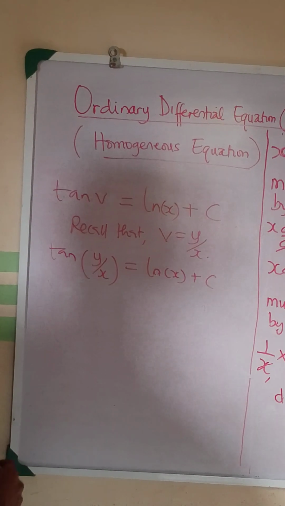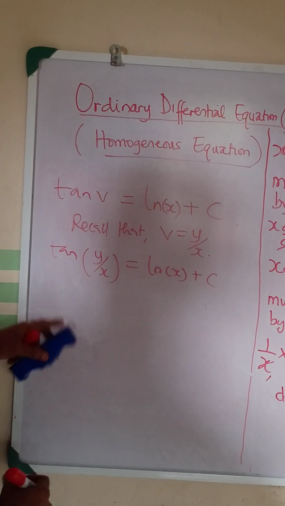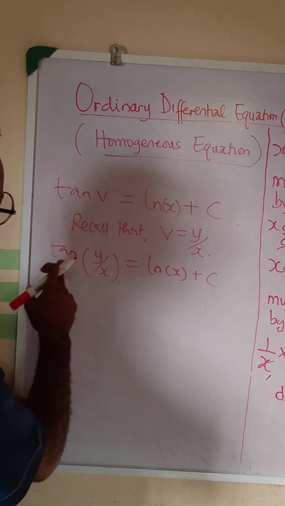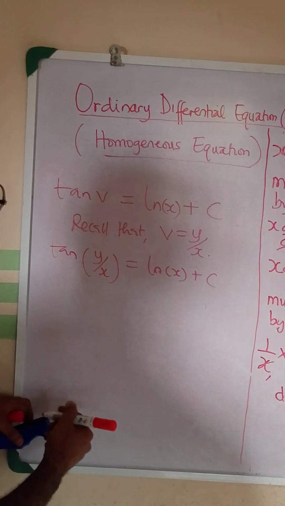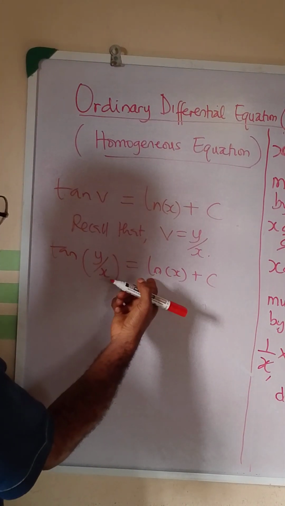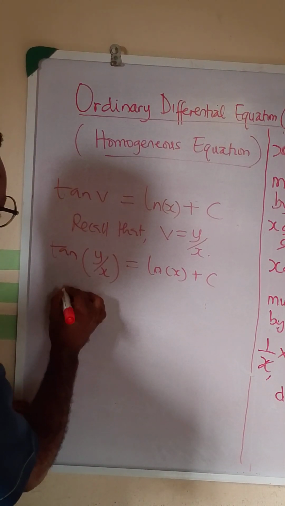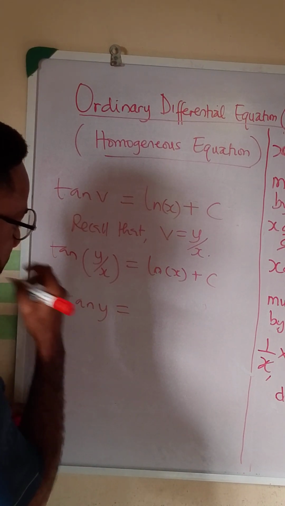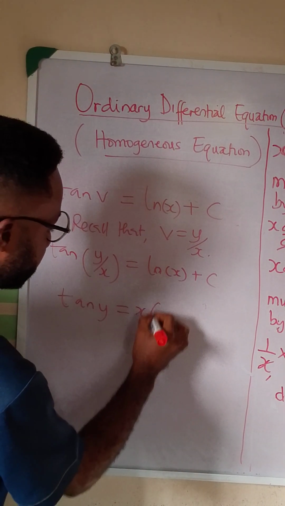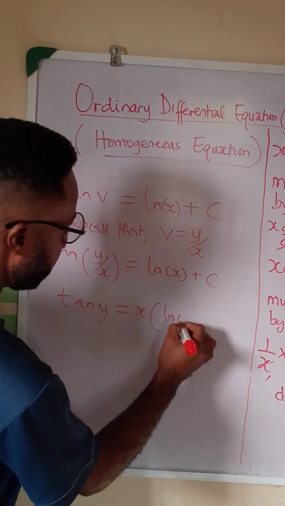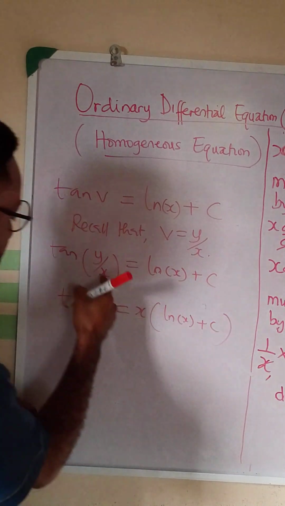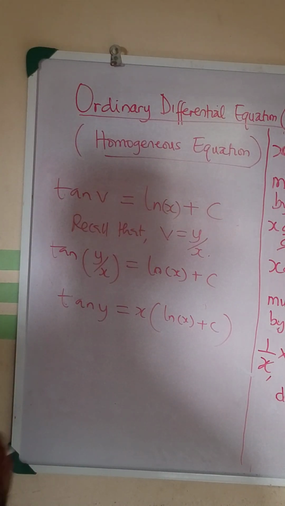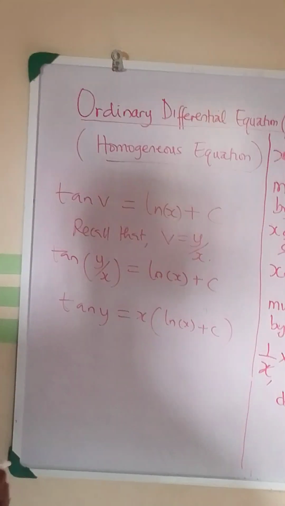Since we've gotten this, let's cross multiply. If we cross multiply at this point, we have that tan y will be equal to x times ln x plus c, that is, x is coming to multiply this. But we are not looking for tan y, we are looking for y.